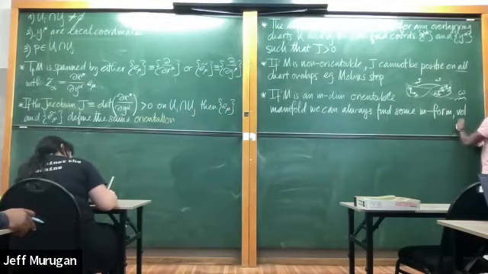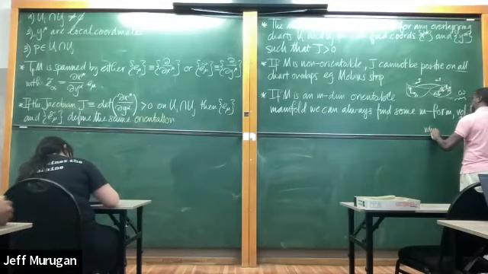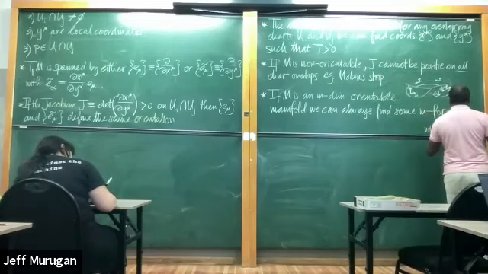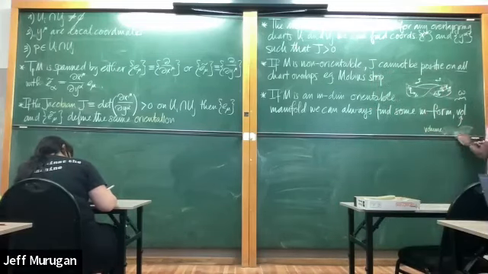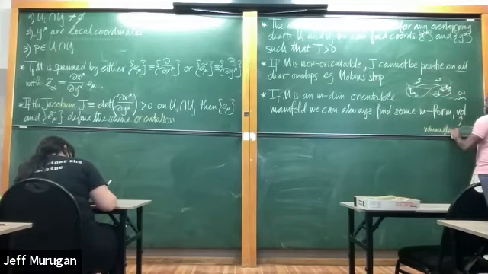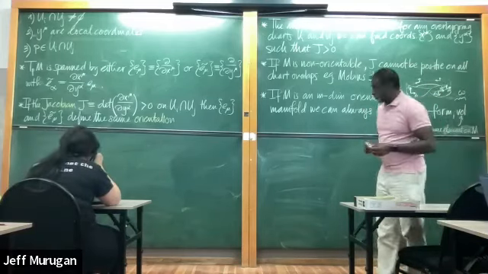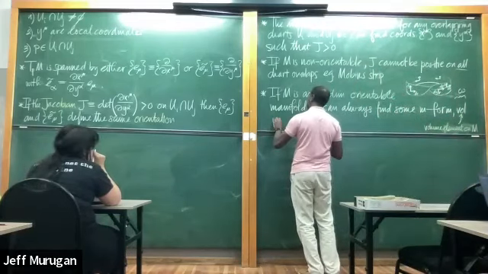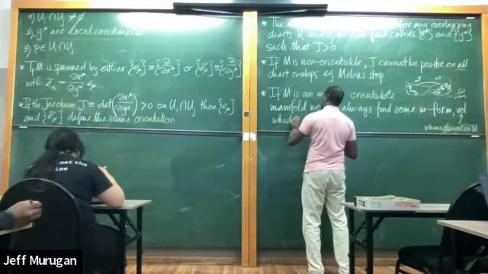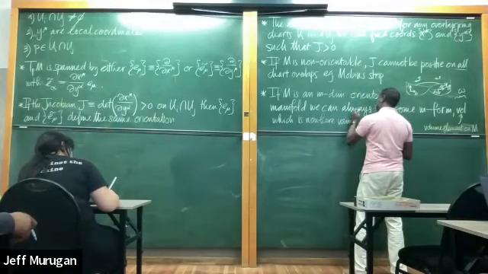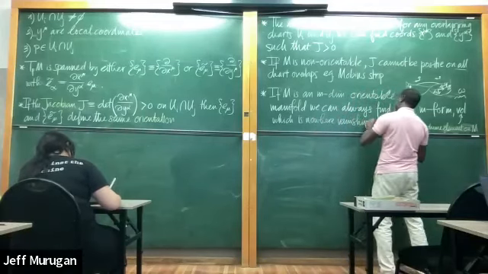This is called the volume form, or let's say volume element, on M, which is nowhere vanishing.